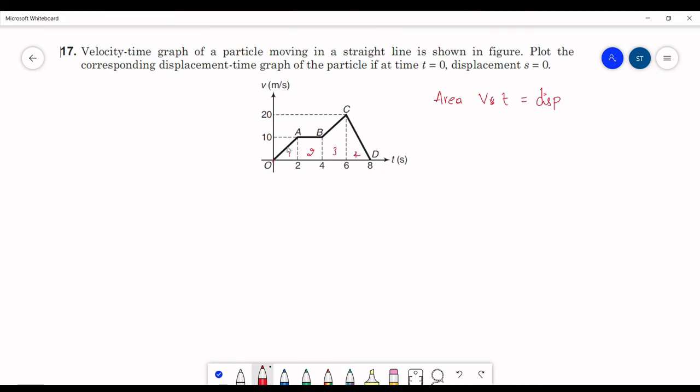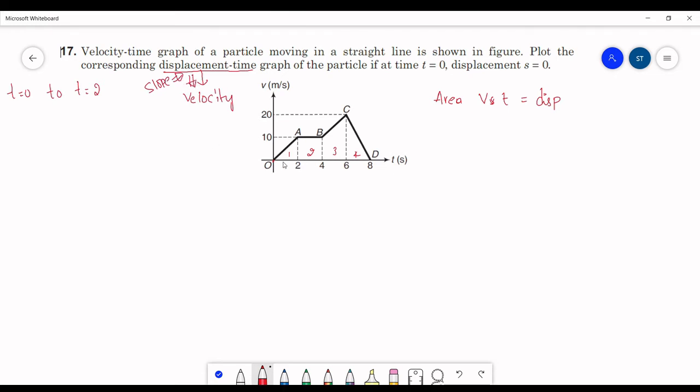Now see this point, from t equal to 0 to t equal to 2. Here if you see, velocity is continuously increasing with time. If velocity is continuously increasing with time, in the displacement versus time graph, the relation is: the slope of the displacement versus time graph is velocity.